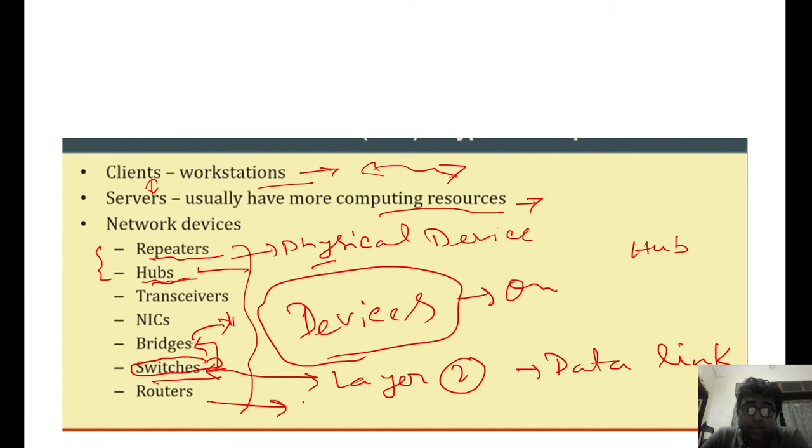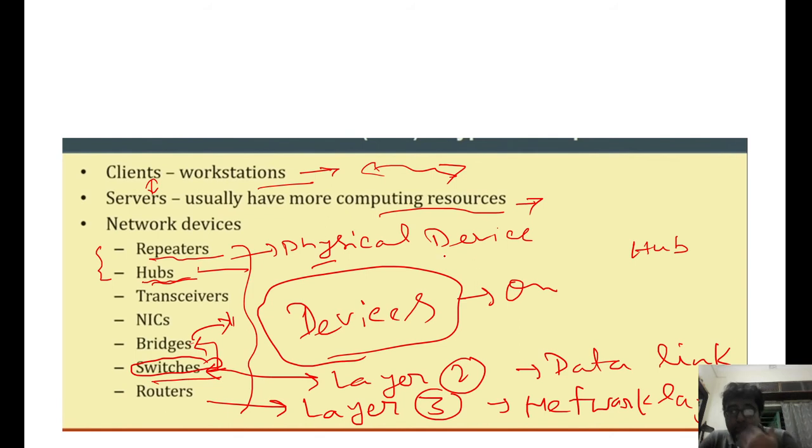The router is used in layer 3, which is the network layer, and this router device is also used in the transport layer. So let's go through a few pictures which will help our students understand the basic working principle of these devices.